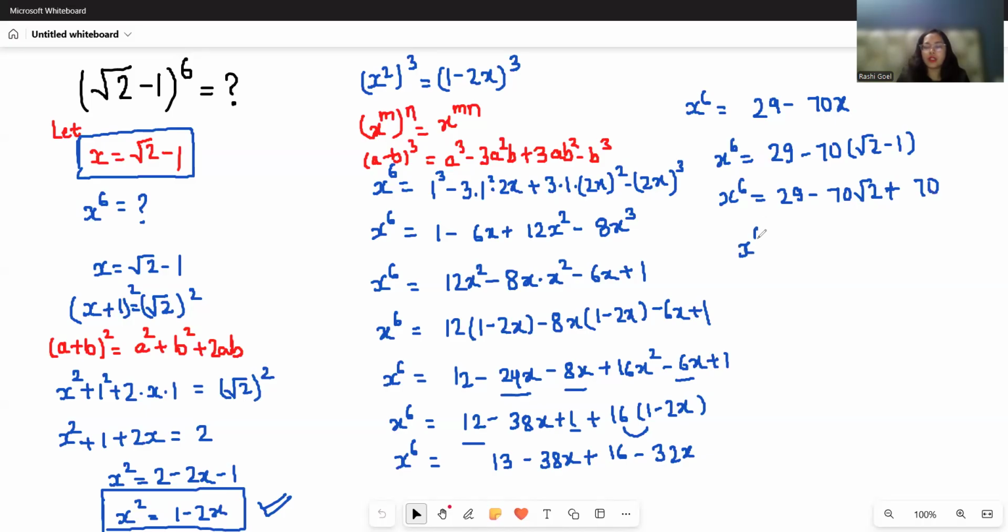Now x power 6 equals 29 plus 70 is 99 minus 70 root 2. So the value of x power 6 is 99 minus 70 root 2. If you want to evaluate the radical root 2, you can put in its value and multiply with 70, then subtract it from 99.